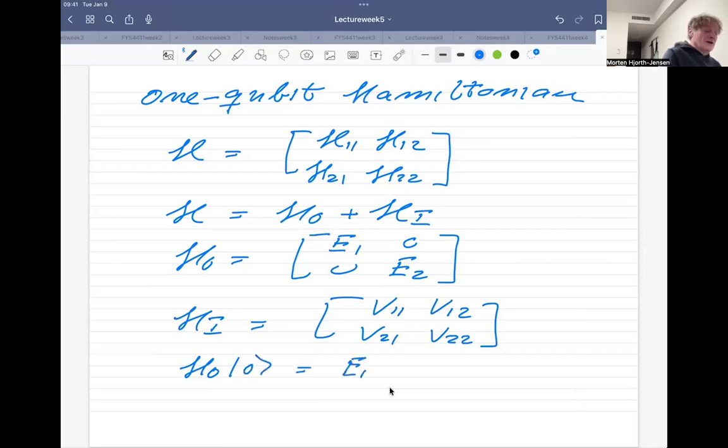This means that we would have E1 as an eigenvalue with the eigenstate 0.